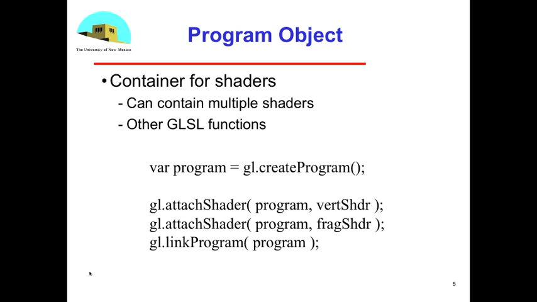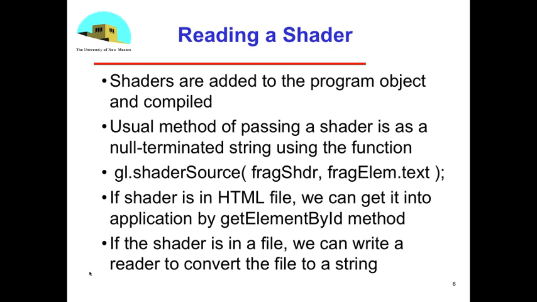Perhaps the trickiest part is how we read the shader in, because the shaders are written in as just strings of ordinary characters, and there's some differences between JavaScript strings and null terminated strings, and there's a couple of ways that we can go about it.